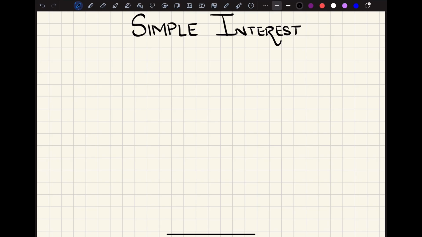So the formula for simple interest is I = P × R × T / 100, where I stands for the amount of interest earned or to be paid.